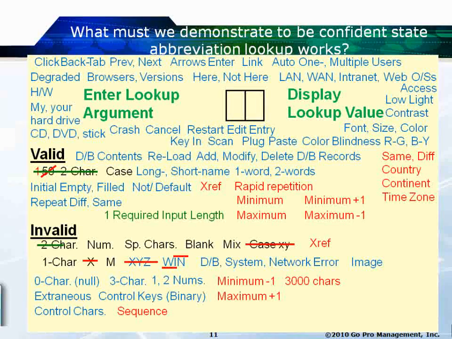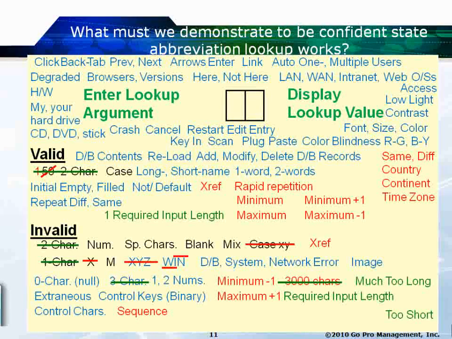Similarly, on the invalids, we should not accept an invalid value that is of the required input length. Similarly, a one-character field, we can revise that wording to make it generally reusable: it's too short. And the 3 characters and 3,000 characters, we should change to too long and much too long.